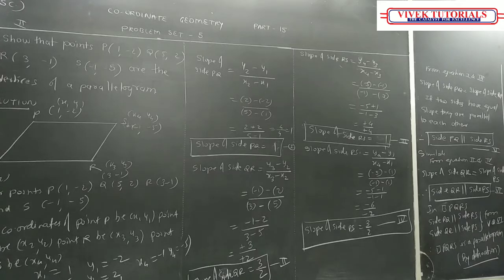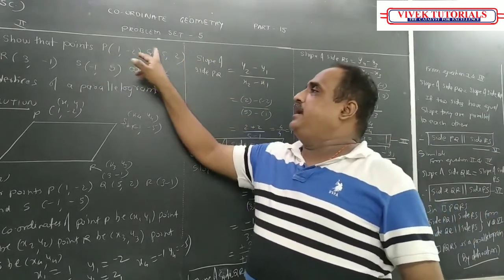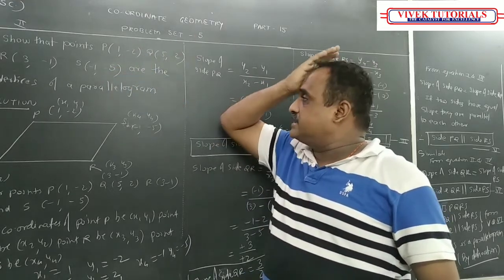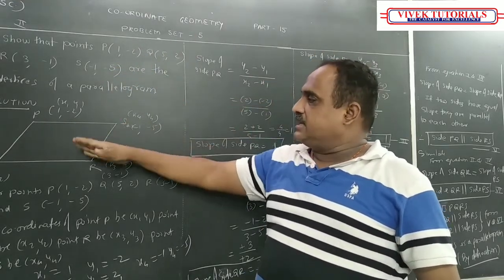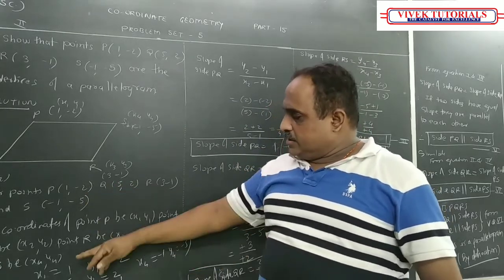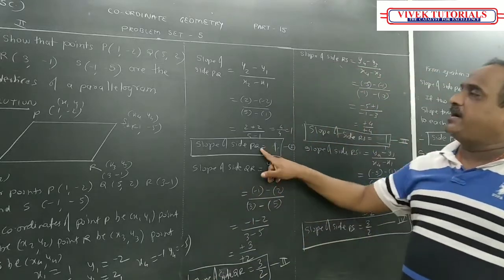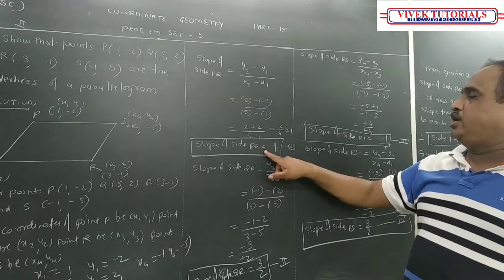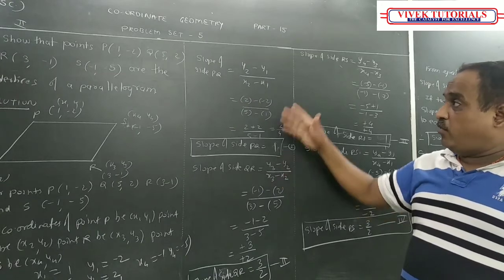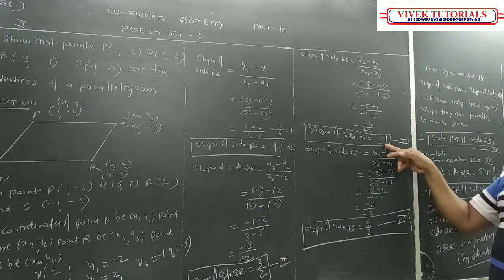Once again, what I did, they have asked that the points P, Q, R, S are the vertices of a parallelogram. This is the thing they have given to you. P, Q, R, and S. They are given x1, y1, x2, y2, and so on. So we first find out the value of the slope of PQ. What you got? 1. Slope of QR is 3 by 2. Slope of RS is again 1.